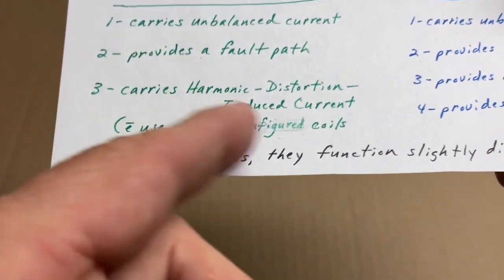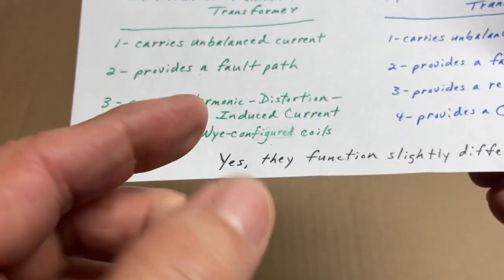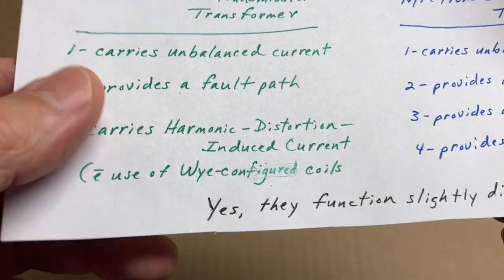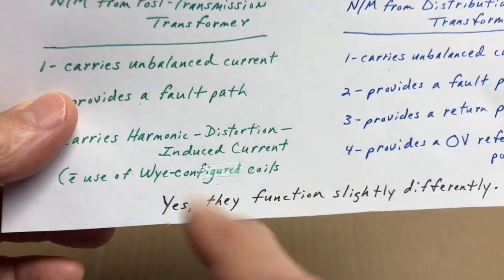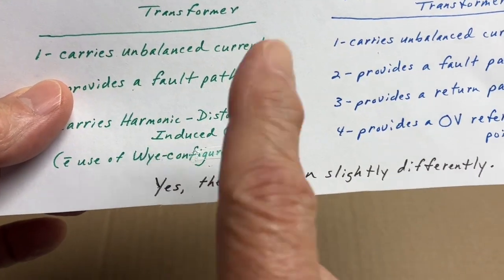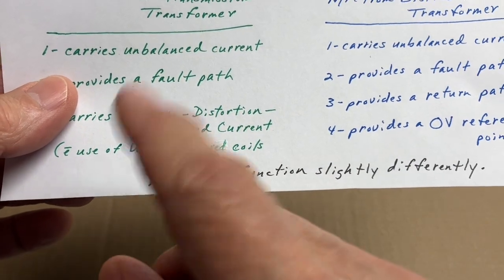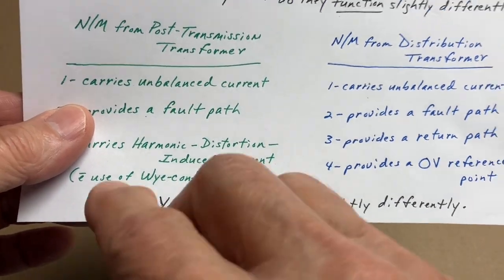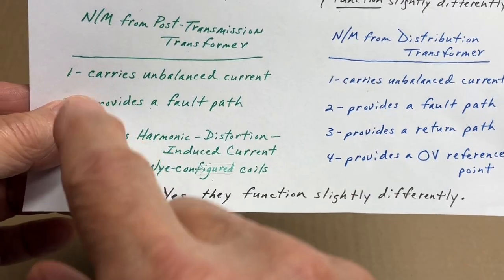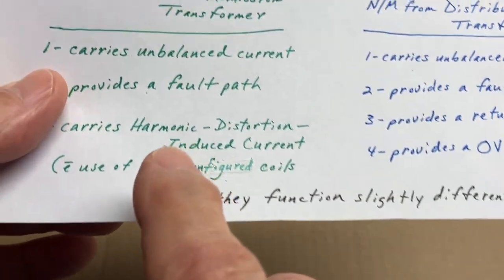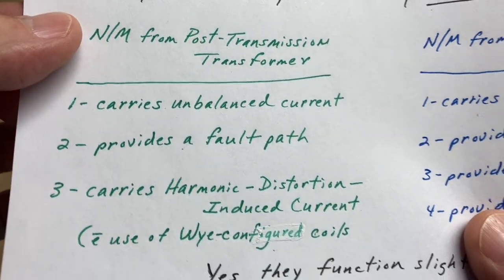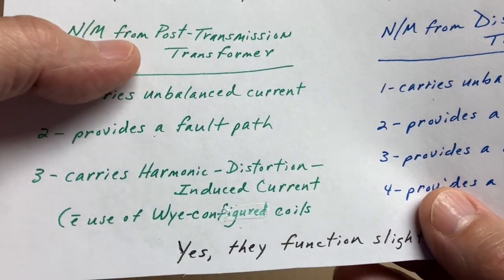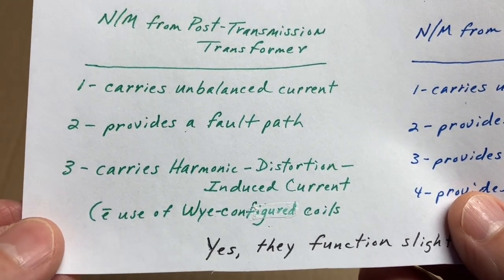It makes harmonic frequencies. In other words, if you have a 60 hertz frequency, there'll be other harmonic frequencies going along with that. It's just like in the music realm, the harmonic series, which you see in my music videos. In the harmonic series with music, you have the same effect. You have what's called harmonics. So that's what the neutral or median from the post-transmission transformer does. That's three things that it does.